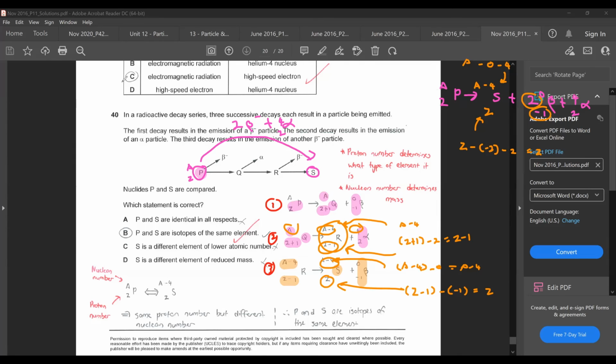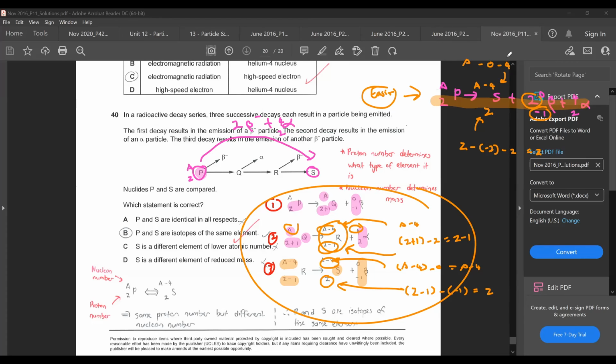Okay? This is actually the easier one compared to doing it step by step, which is a bit tedious. But if you do it this way, it is much simpler. You do it in one shot. So once you've done this, you will notice that the proton number is unchanged, but the nucleon number is changed.